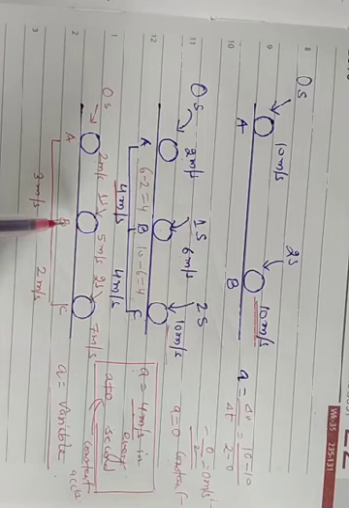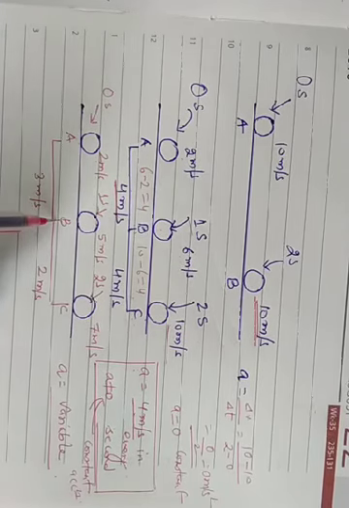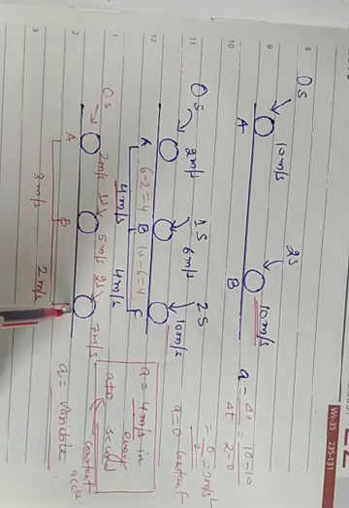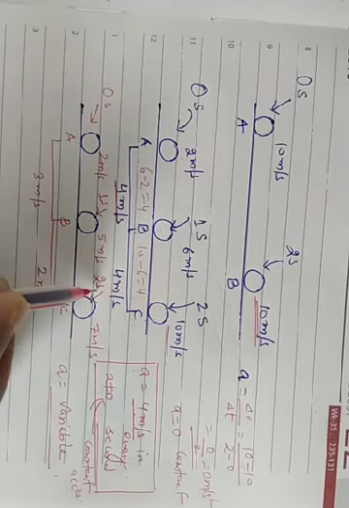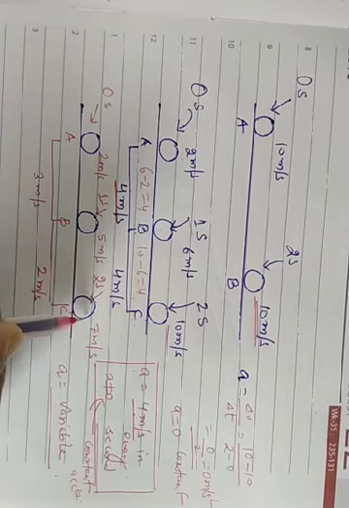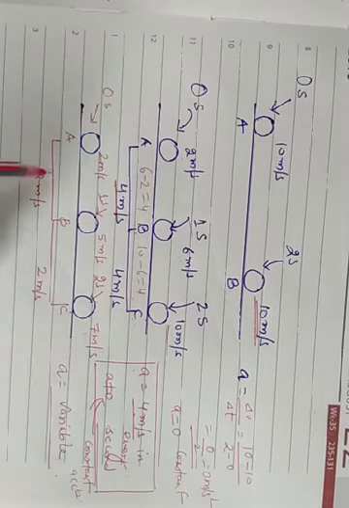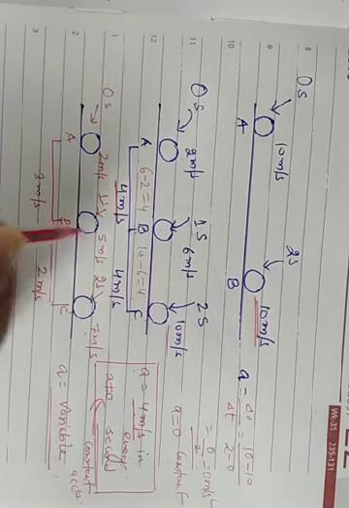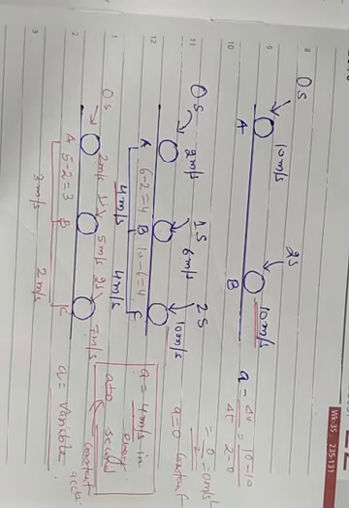In 1 second the body has a velocity of 5 meter per second at position B. Now you can see that the same body reaches another position, C, and in the second second the speed rises from 5 meter per second to 7 meter per second. So from A to B, what is the change in velocity? We will say 5 minus 2, which gives you 3 meter per second.